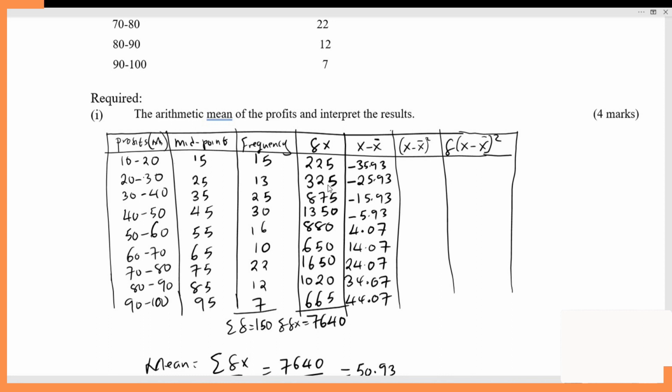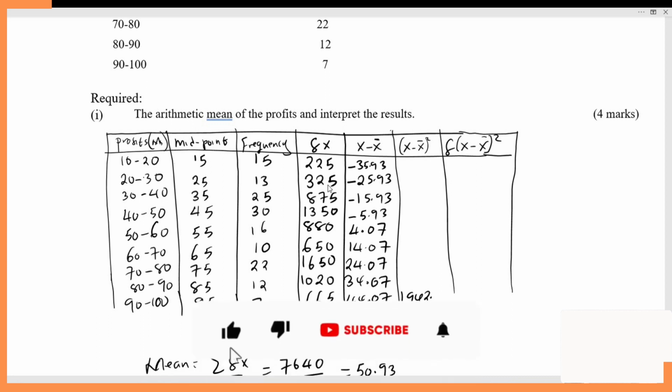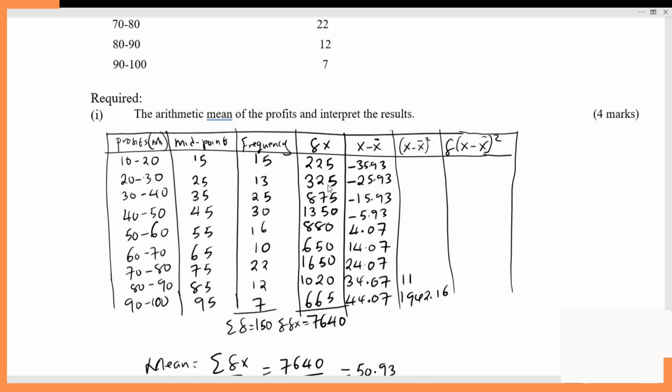Next, I square these. 44.07 squared gives me 1942.16, to 2 decimal places. 34.07 squared gives me 1160.76.